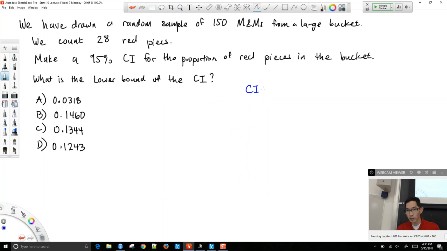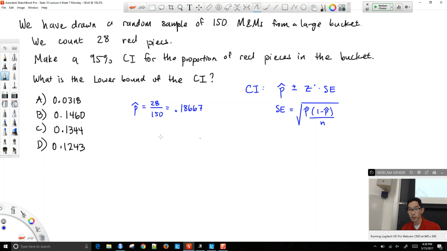I'll go over the answer quickly. The confidence interval is p hat plus or minus z star times the standard error, and the standard error is equal to the square root of p hat times 1 minus p hat over n. We have determined that p hat is equal to 28 divided by 150, giving me a p hat of 0.18667.